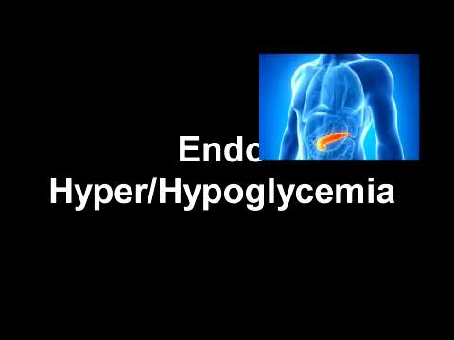So we said, okay, fine, we can prolong the half-life of incretins by blocking DPP4. So that now you have DPP4 inhibitors: Januvia, Onglyza, Tradjenta, Nesina, all of these are DPP4 inhibitors. They are available for treating diabetes.